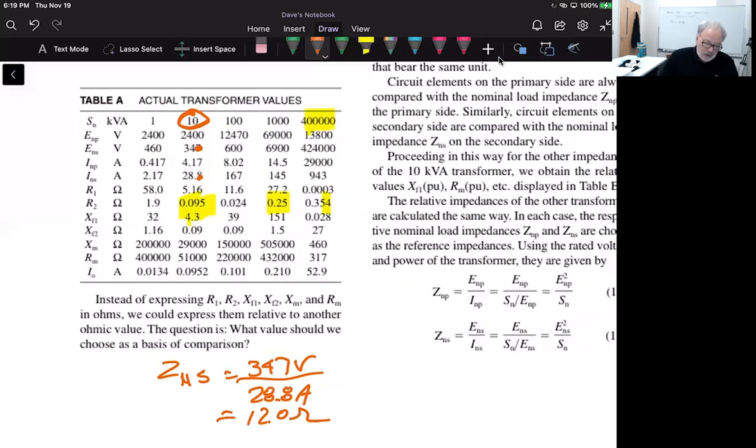Using this ohmic value as a reference, a relative value of the secondary resistance, R2, is available.